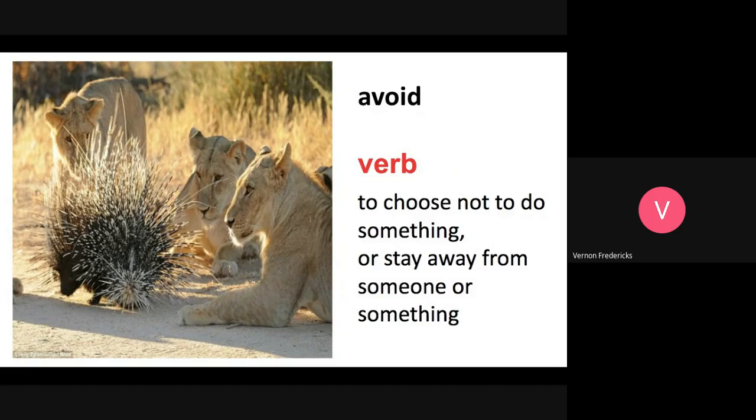Yeah? Okay. So if I want to avoid someone or a friend, or maybe you want to avoid your father because maybe you didn't do well in your exam, yeah, you stay away from them. Maybe your friend is not a good friend and you don't like your friend anymore, you avoid your friend. Yeah. So avoid is a verb.